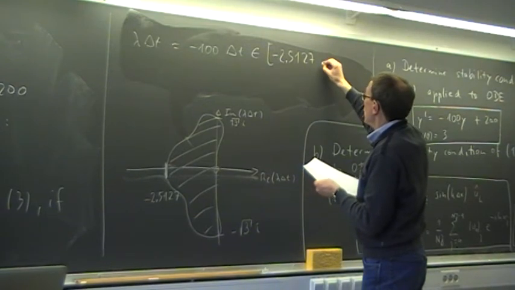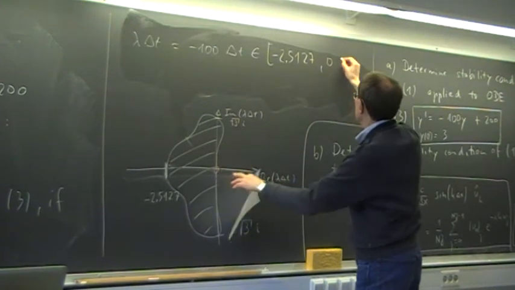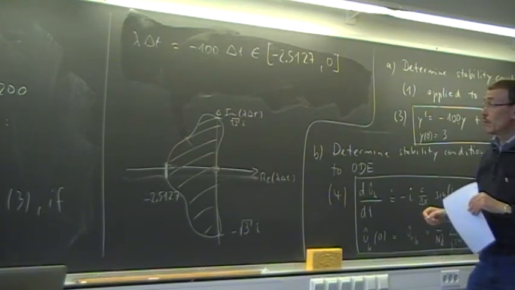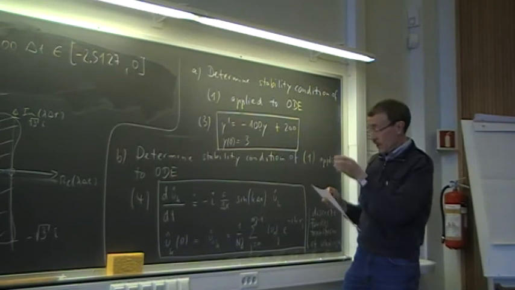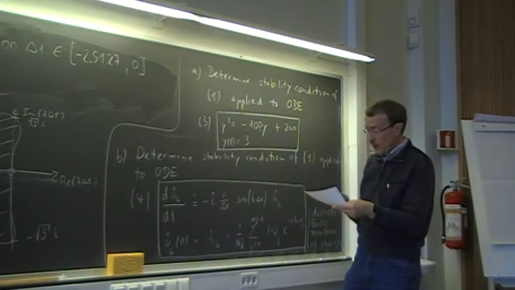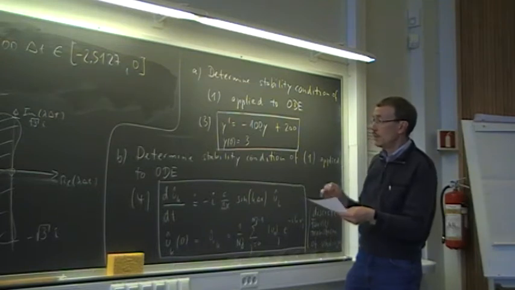It is this number, and the right boundary is 0. So it has to be smaller than 0, which is the case, but the bound is then that it has to fit in here. And that is then using this stability condition.